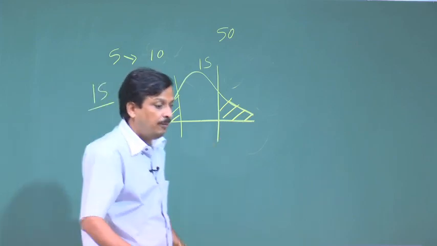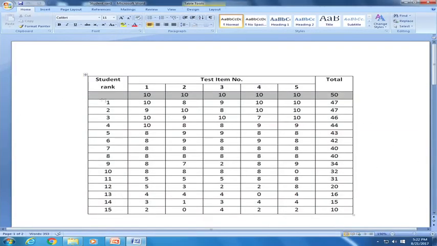So, if you see this table, I have ranked the students 1 to 15, and 27%, nearly 4 students, are in the upper group and 4 students are in the lower group. Those are the lower group students, those are the upper group students. If I take all students, then I cannot conclude any value.